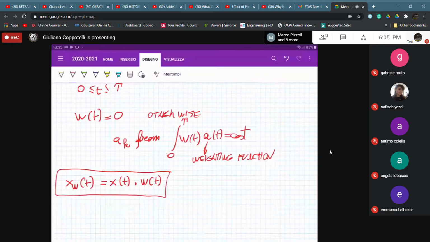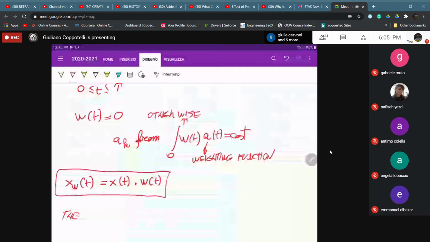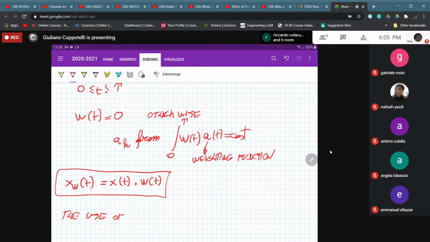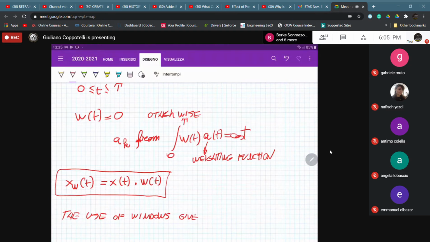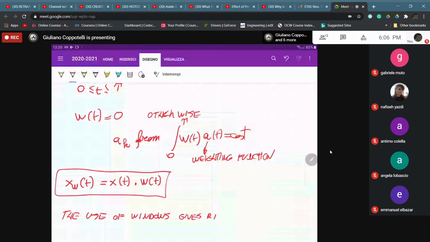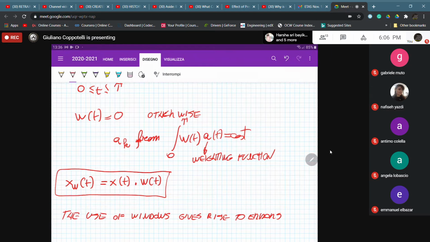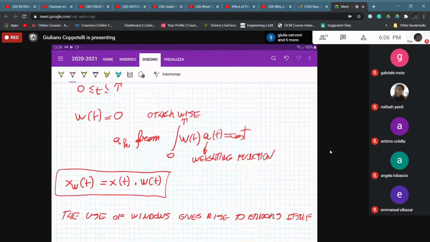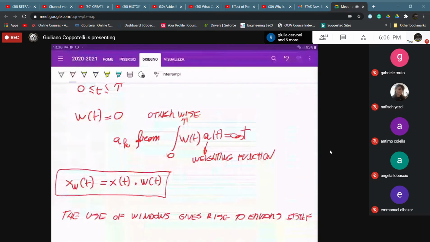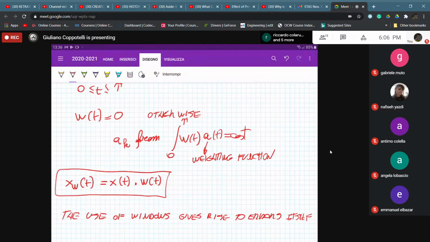And as I said before, the use of window gives rise to errors. Okay. Why that? Because you are changing the signal. You are right saying that you are reducing the leakage because we are setting to 0 your measured signal at the start and at the end of your observation time.